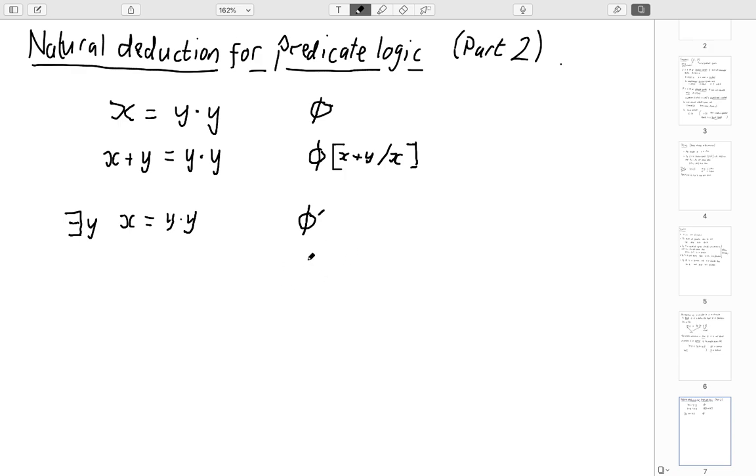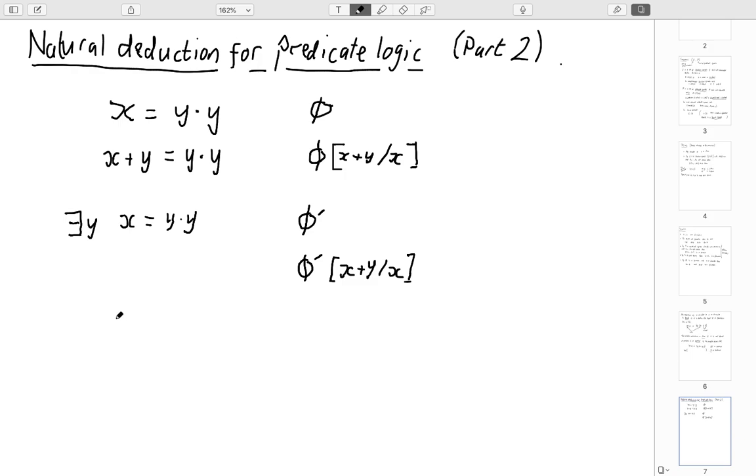And what we mean by that is we want to say that x plus y is a square number. So that's what we want to say by, we substitute x plus y for x. So x plus y is a term, and we're substituting it for every occurrence of the free variable x.